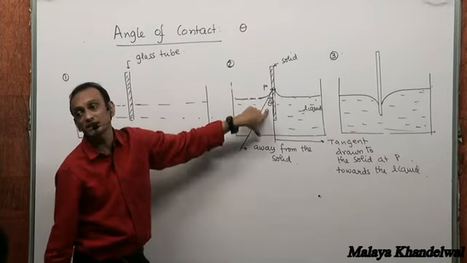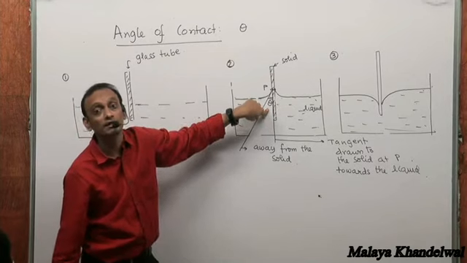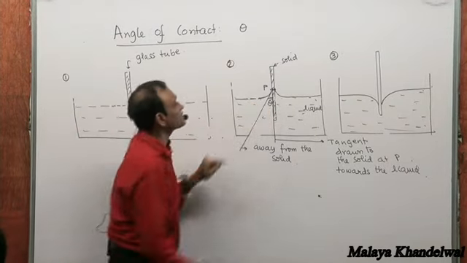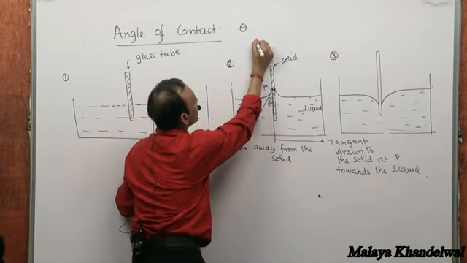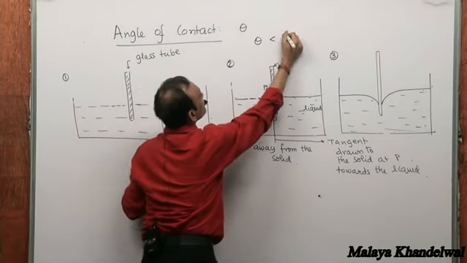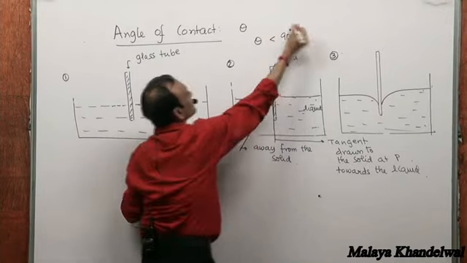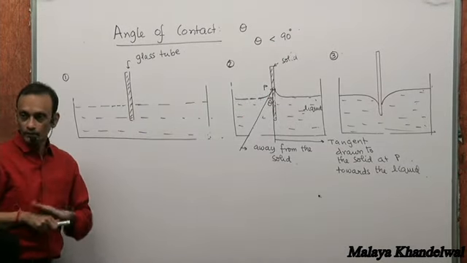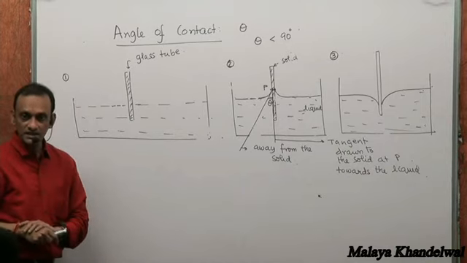The angle between these two tangents is called theta, the angle of contact, right? In this case, do you realize that theta is less than 90 degrees?